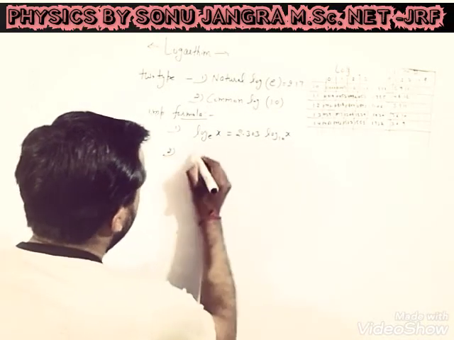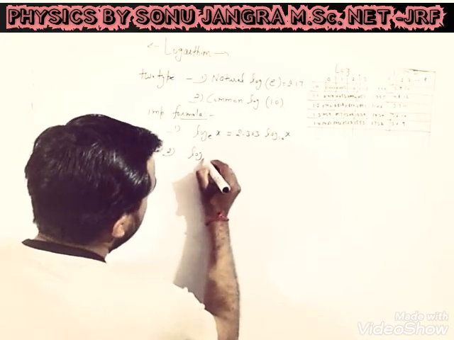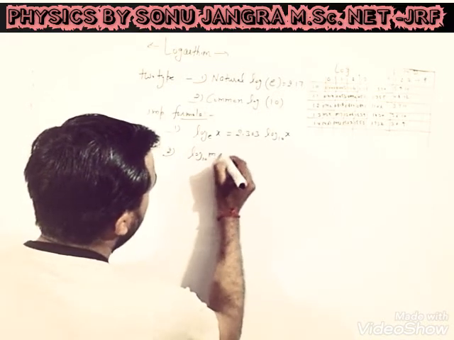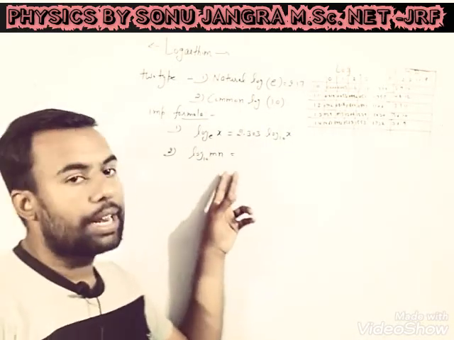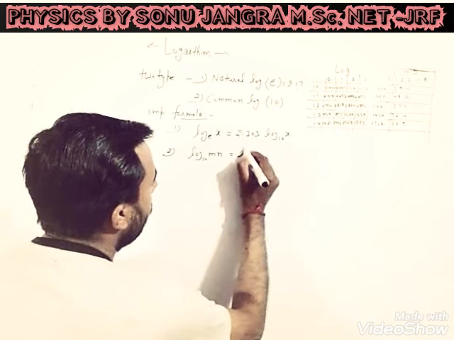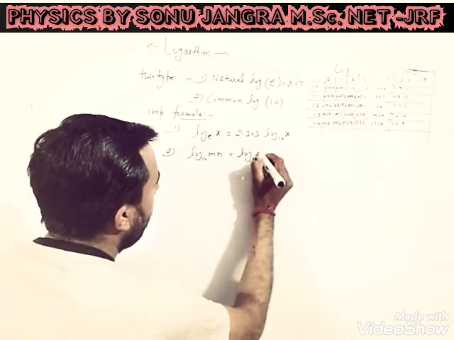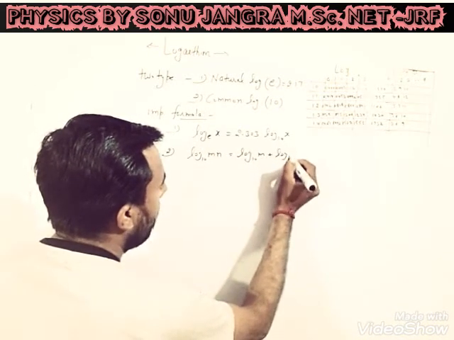The second formula is log of base 10 of m into n. There are two numbers, m and n, multiplied. Then the log is written as log of 10 m plus log of 10 n.